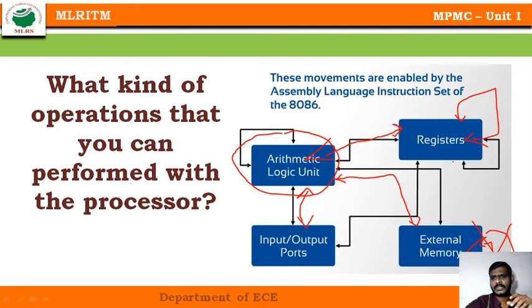Either we can transmit, this is also possible under some conditions, the data from register to external memory or external memory to registers. So these are the different possible ways I can transmit data between different parts. Based on these transmissions only, we have the instruction set classifications as well.